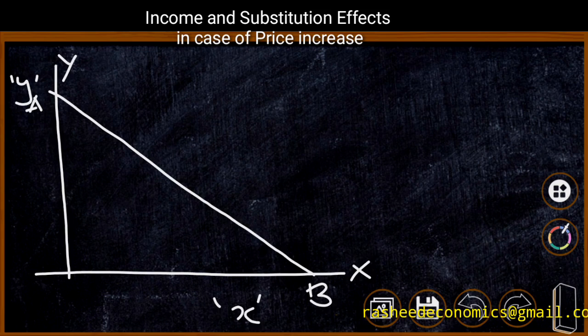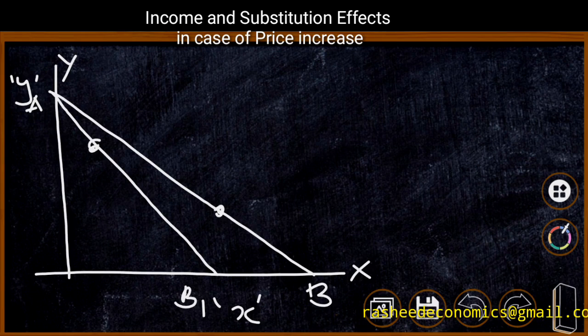Now consumer is purchasing at a particular point, and when price of a product is increased, consumer is able to purchase only lesser amount of the commodity, and the income price line will be shifted to AB1. That is, consumer's capacity moves backwards. Here consumer is purchasing a point on AB1 like this.